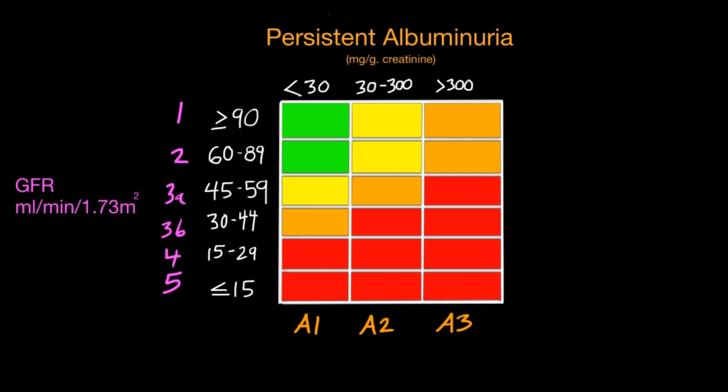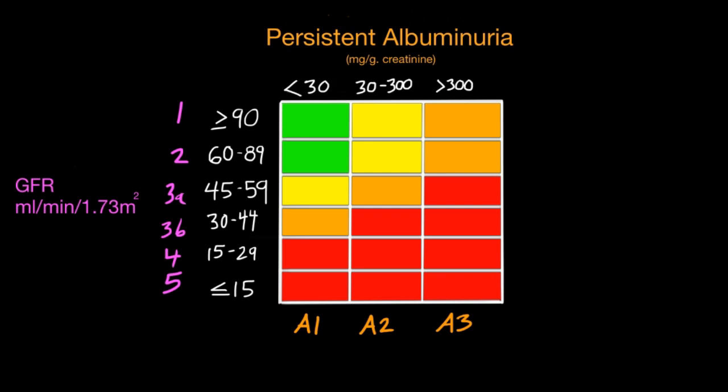The way we classify it, according to KDIGO, is basically if the GFR is above 90 or above 60, with evidence of CKD either by urinalysis or histology or imaging, that would be stage 1 if it's above 90, 2 if it's between 60 and 89. If the GFR is between 45 and 59, it's stage 3A.